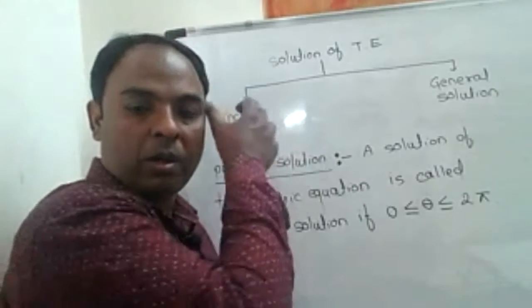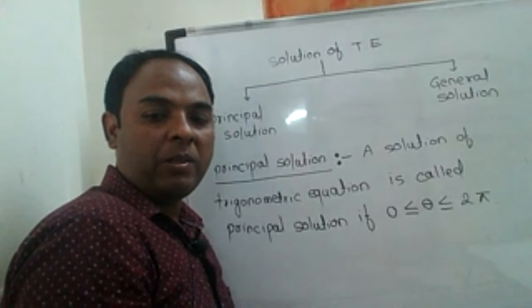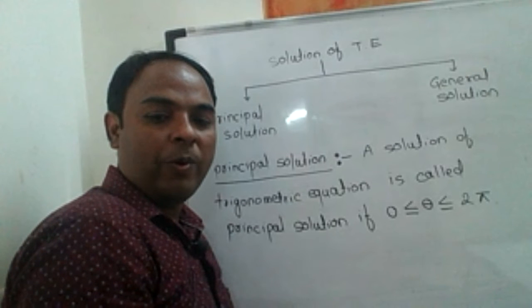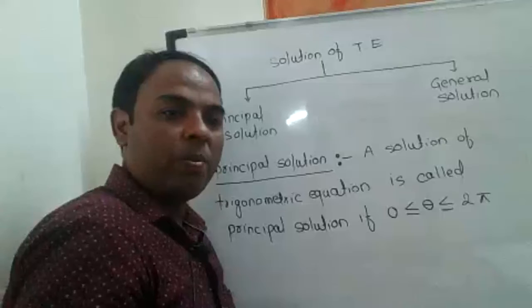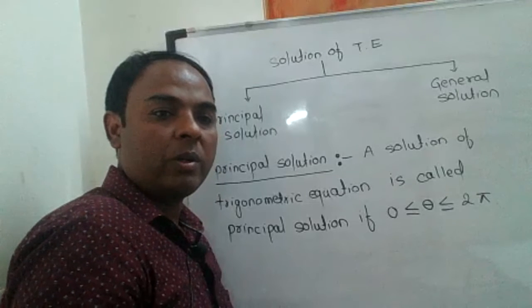So a solution of a trigonometric equation is called a principal solution if theta is greater than or equal to 0 but less than 2 pi. Okay, so this is called the principal solution.